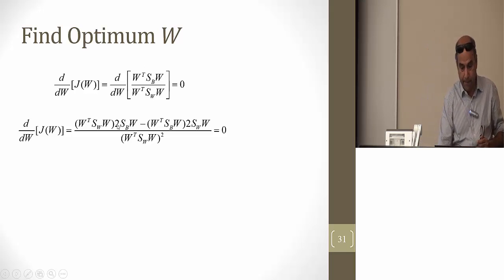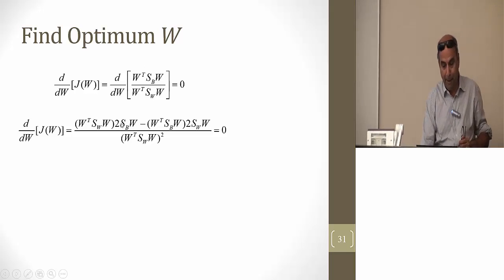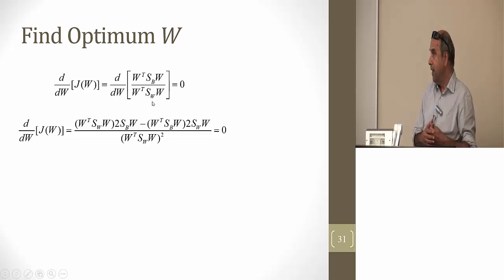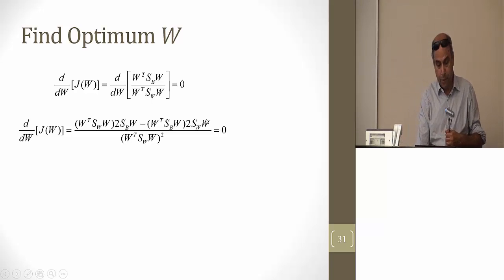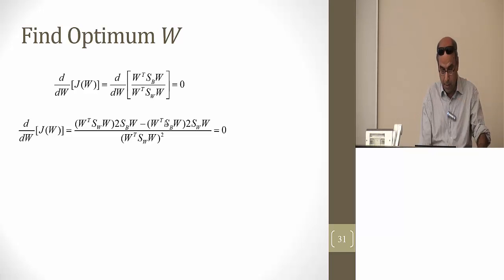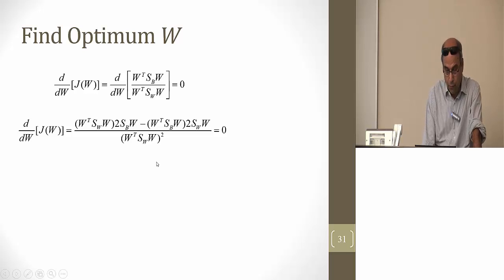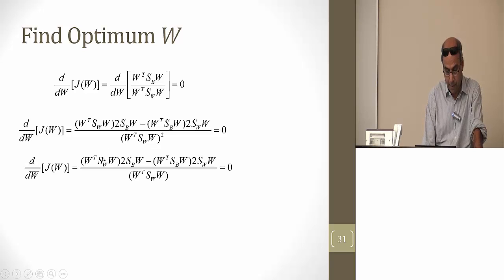So that's the first part. Then minus, now we keep this constant and differentiate this one. Instead of SB, this is SW, same thing. So this will become 2 SW W, and this is just a constant. So that's good. Now we can simplify this and divide by both of those.